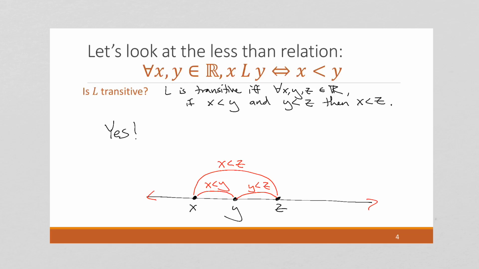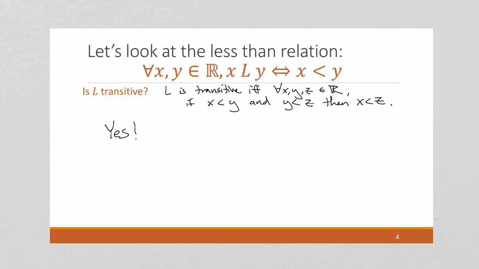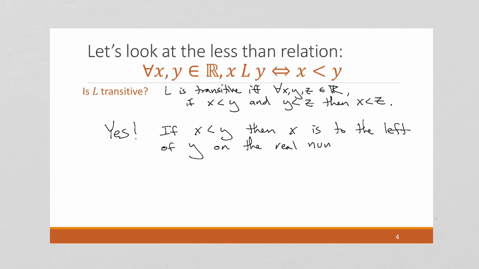Now, this is an illustration. A better way that I would write this, for a little bit more formal of an explanation, is this. I would say if x is less than y, then x is to the left of y on the real number line.